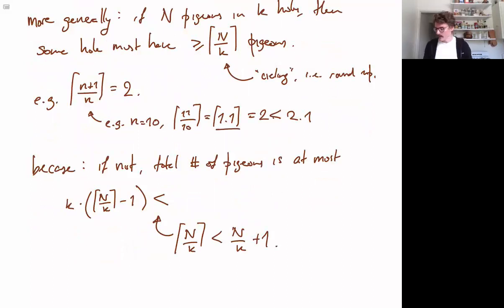So basically whatever you round up by is going to be less than 1. If you were rounding up by 1, that meant you were already an integer to begin with, and there was no need to round at all. So this thing is smaller than this thing, so we can do that replacement and get this inequality. So this is strictly less than k times N over k plus 1 minus 1, which is k times N over k equals N.